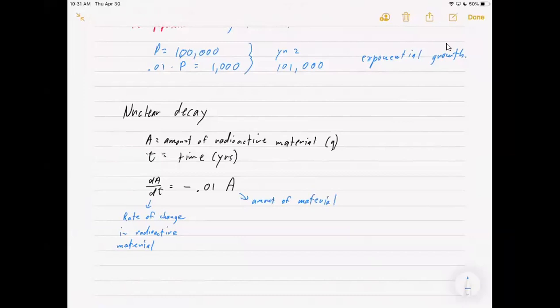Okay. Now, this time, though, you'll notice we have this negative 0.01. So dA dt is negative. Okay, so we're losing radioactive material as time goes on. This says we're losing 1% of the existing amount each time period.